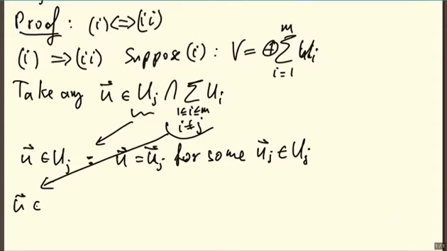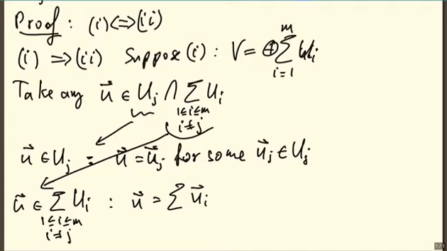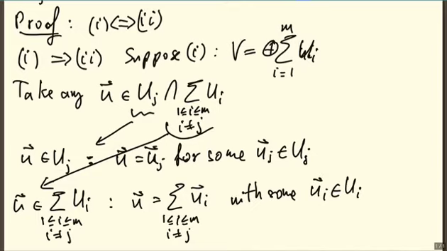So since u is in the sum of the U_i subspaces as i goes from 1 to m and i is different from j, that implies that u can be written as a sum of some vectors u_i from these U_i subspaces, as i goes from 1 to m, and again, i is not equal to j.